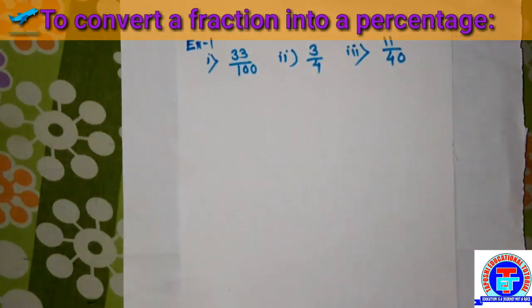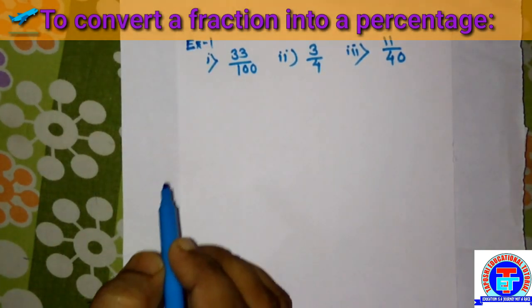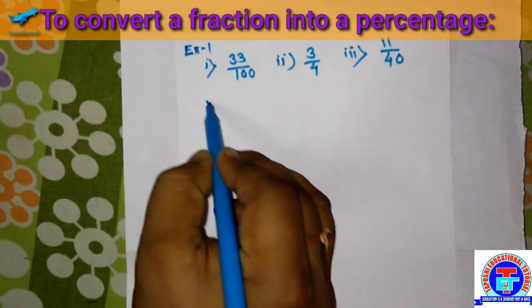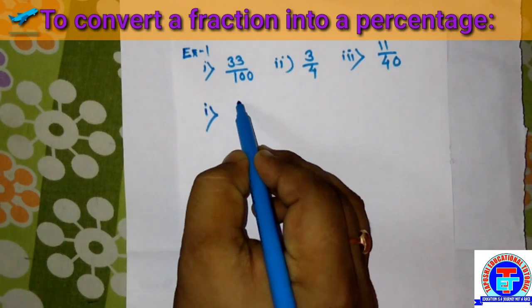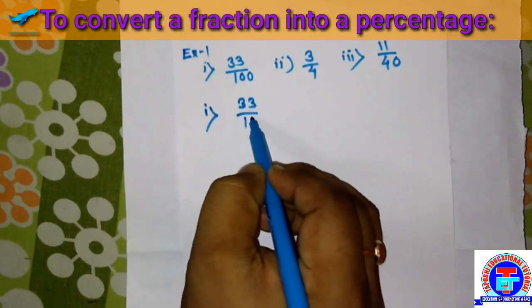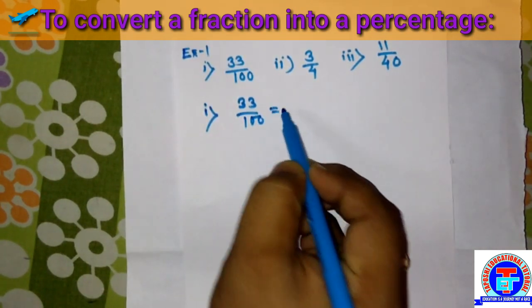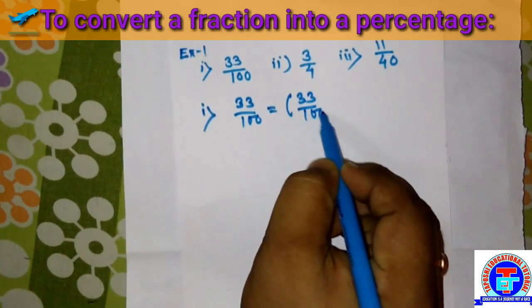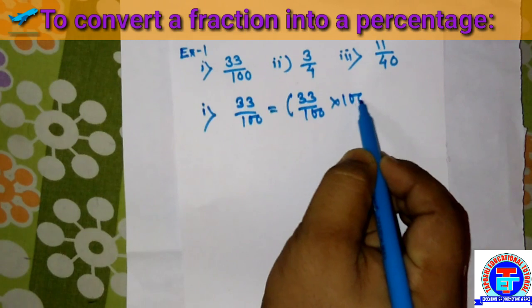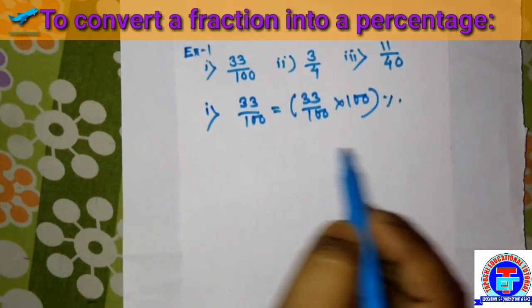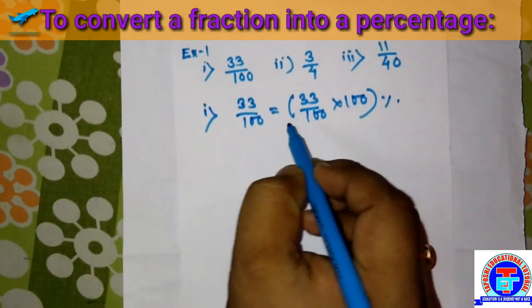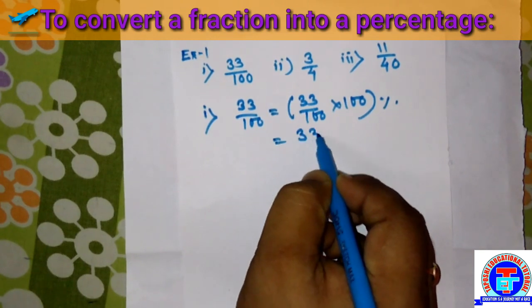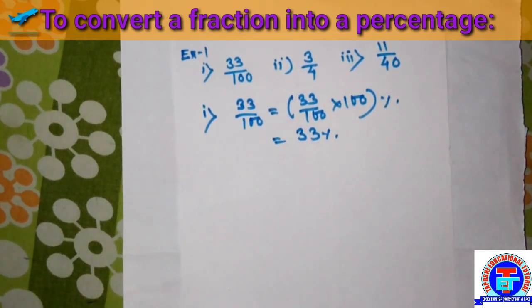How to solve this? First one is given, number 1, solution: 33 by 100. So we can write here 33 by 100 into 100 percent. So it will become 33 percent.